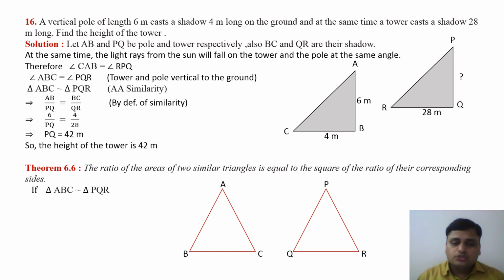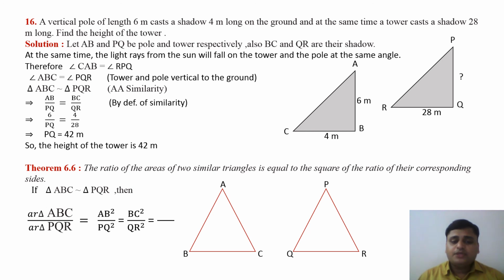If these two triangles are similar, then the area ratio of triangle ABC upon triangle PQR is equal to the square of the ratio of their corresponding sides, that is, AB square by PQ square is equal to BC square by QR square. Same way, AC square by PR square.